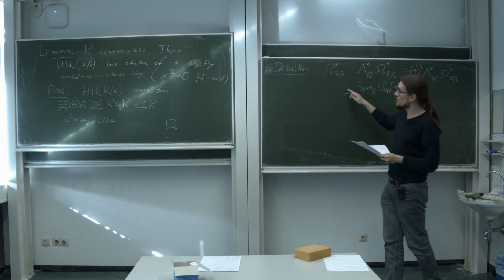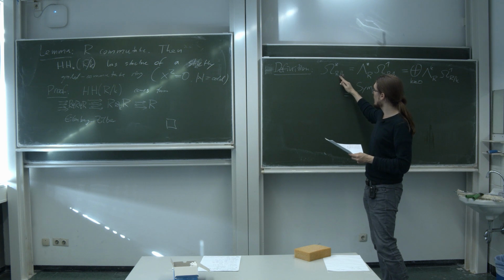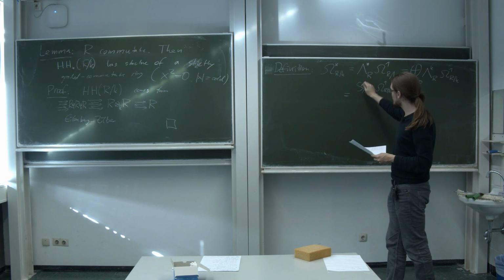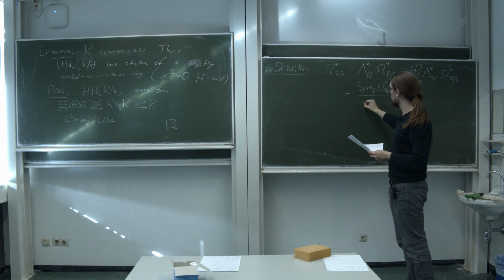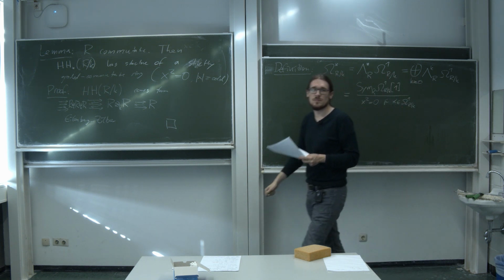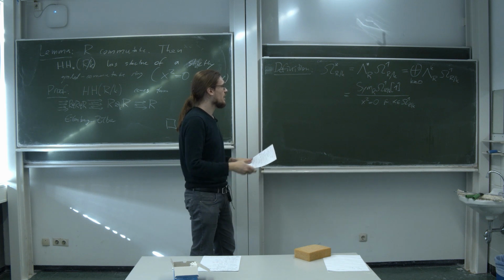So in the case where k has characteristic 2, this is not quite this, so we also have to enforce that x squared is 0 for x coming from this Ω¹ R relative k.